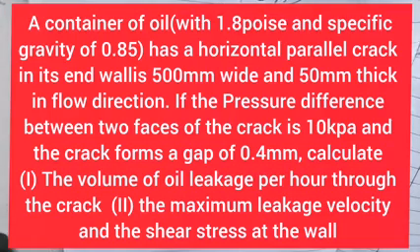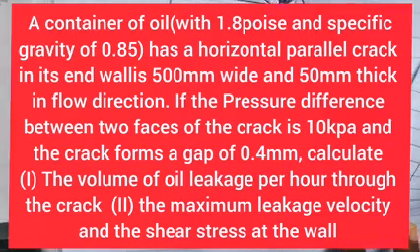Okay, so let's get down our parameters to that particular question. Let's start by picking out our parameters. We're given a container of oil with 1.8 poise. So that means the viscosity is given as 1.8 poise. We'll start with viscosity mu, and take note, since it's in poise, it means it's dynamic viscosity.